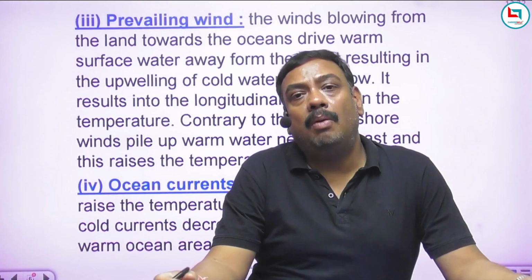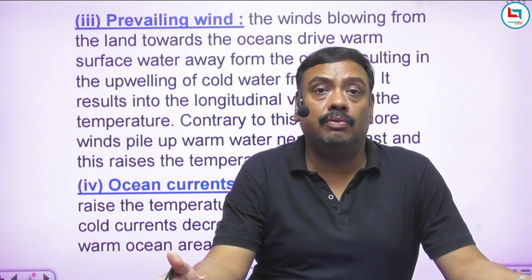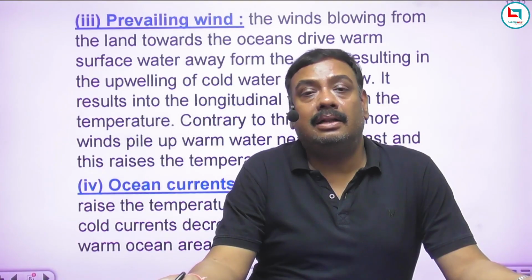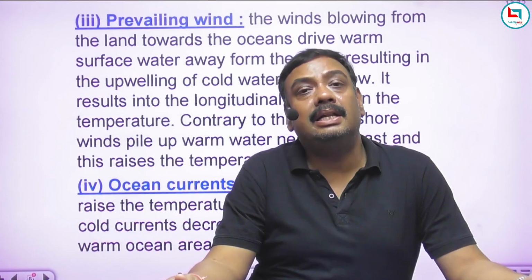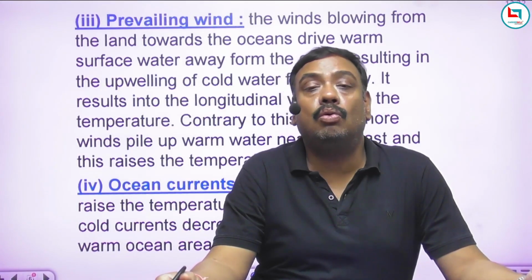When I say warm ocean current, that means it is a current which basically increases the temperature of the ocean water at its destination. And when we say that an ocean current is decreasing the temperature of the ocean water at its destination, it is called a cold current.